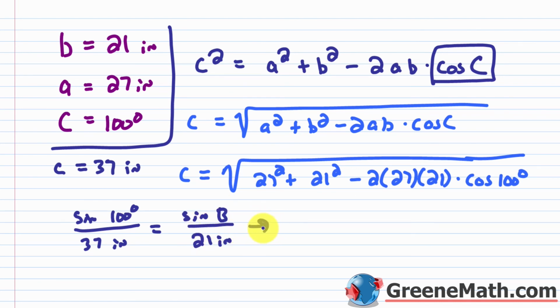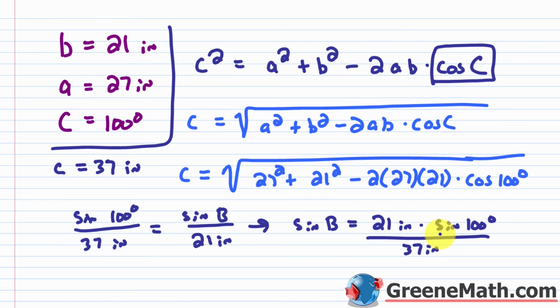So we already know how this is going to work. We're basically going to multiply both sides by 21 inches. So the sine of B is equal to 21 inches times the sine of 100 degrees, all over your 37 inches. You can cancel the units, inches, out if you want.